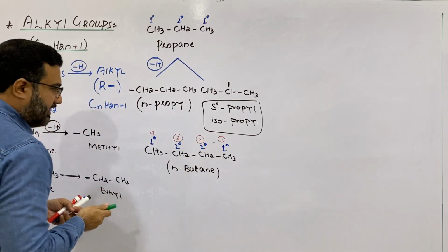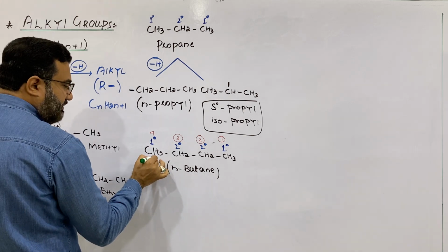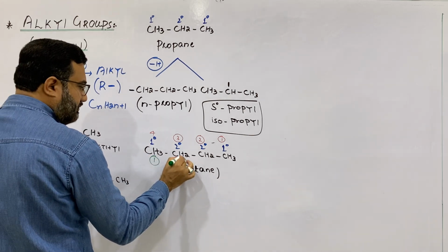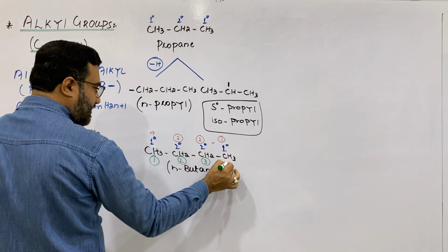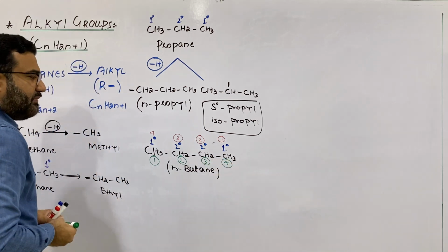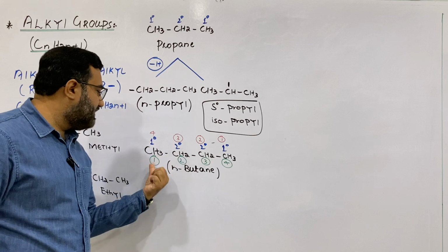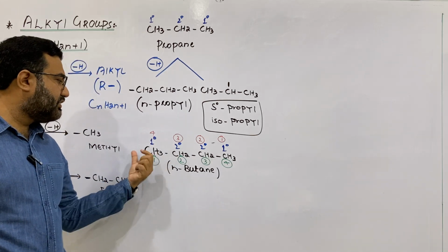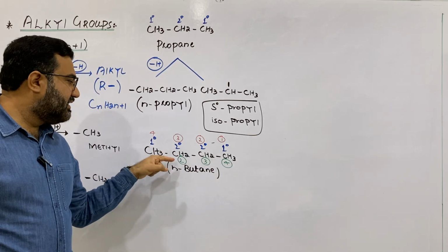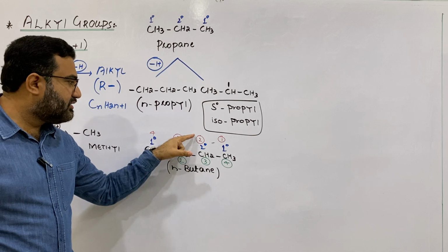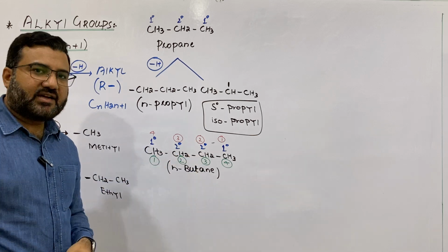Or if you will start numbering from the other side, this carbon will be 1, it will be 2, it will be 3, and it will be 4. It means that this carbon can be 1 or 4. In the same way, this carbon can also be 1 or 4. So both these carbons are same. This can be 2 or 3, and it can also be 3 or 2. So both these, they are also same.